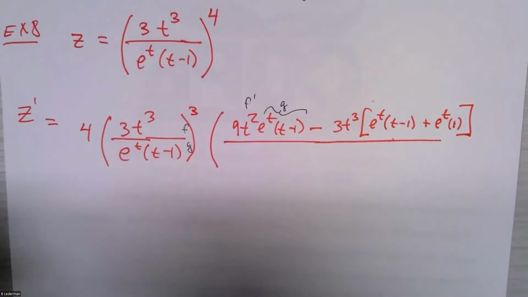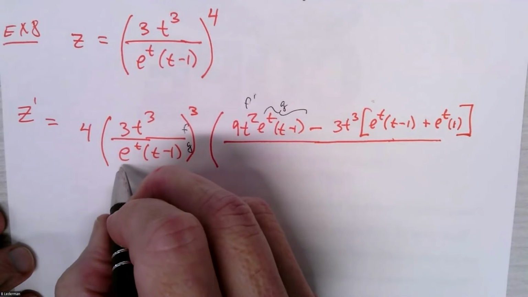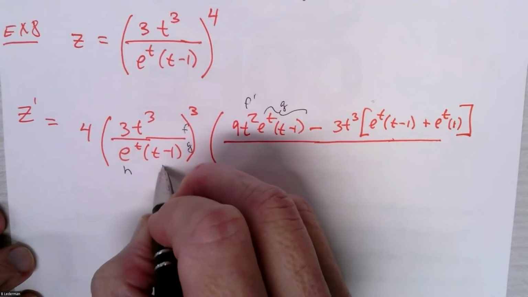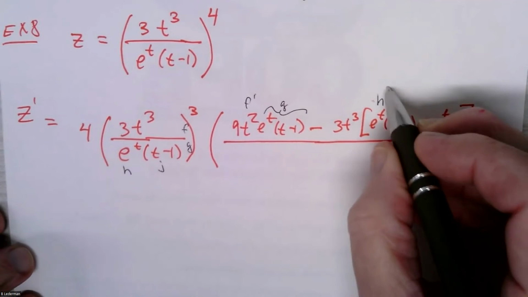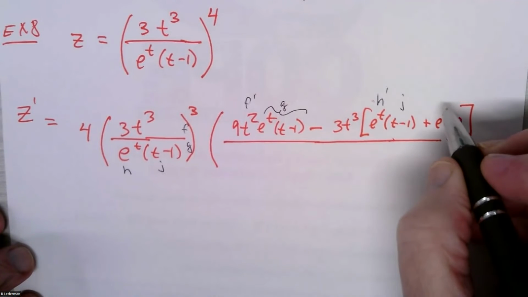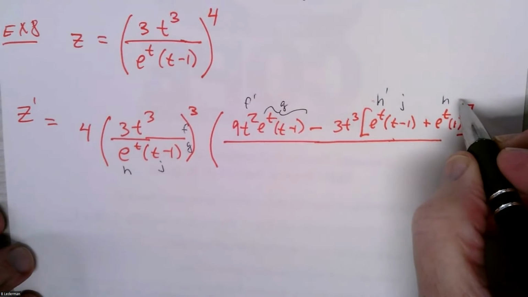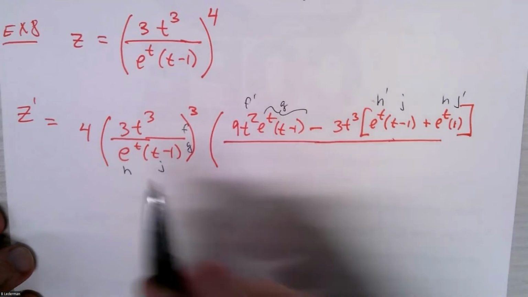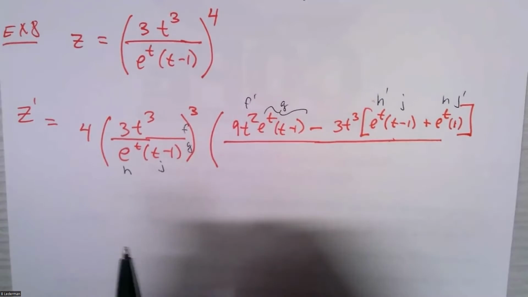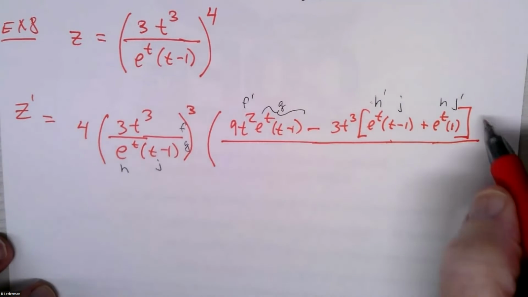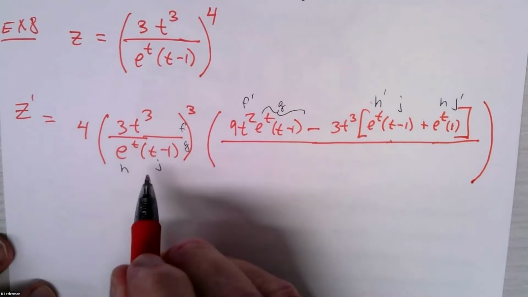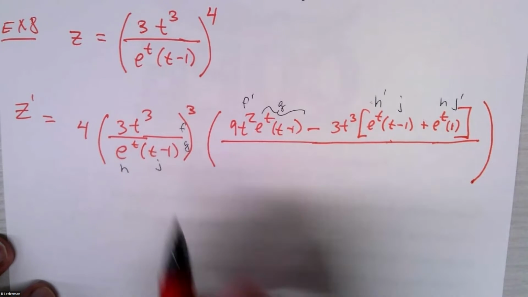I'm going to call the e to the t h, and I'm going to call the t minus 1 j. So this is h prime j plus h j prime, because j prime is just 1. And all of this is going to be over g squared.